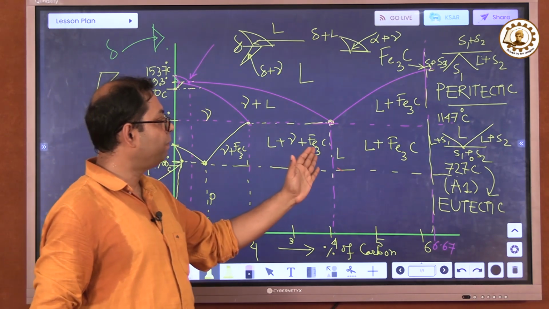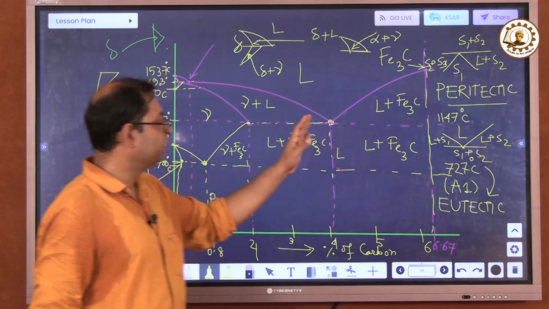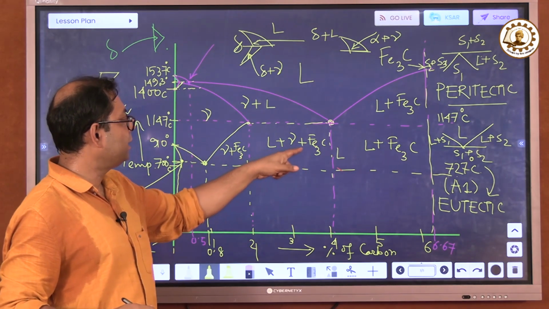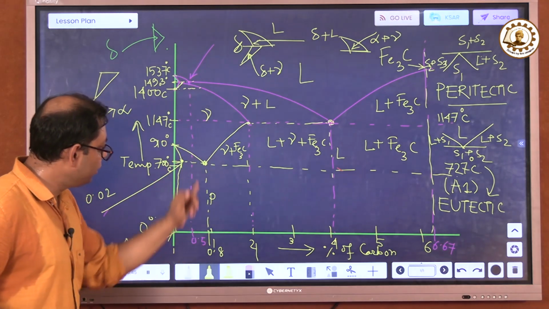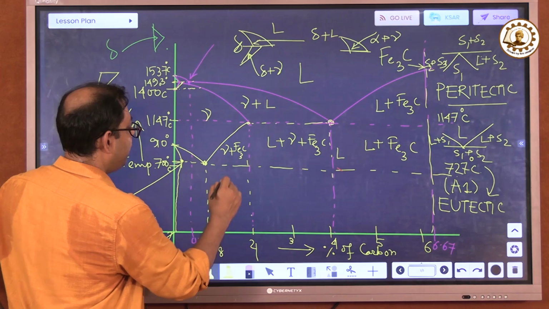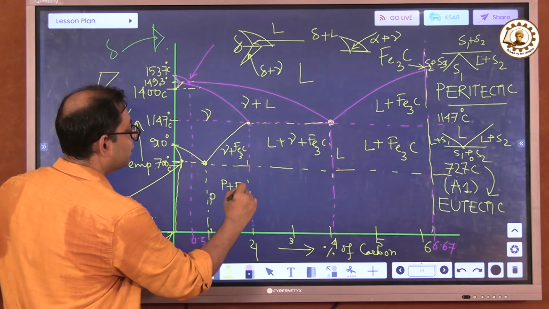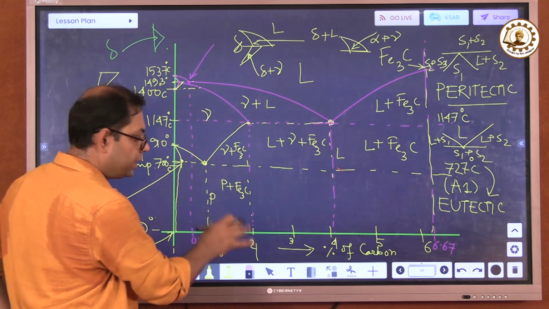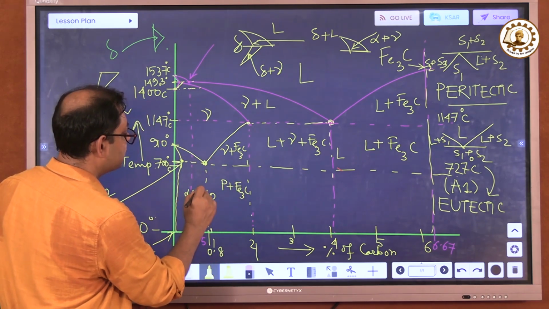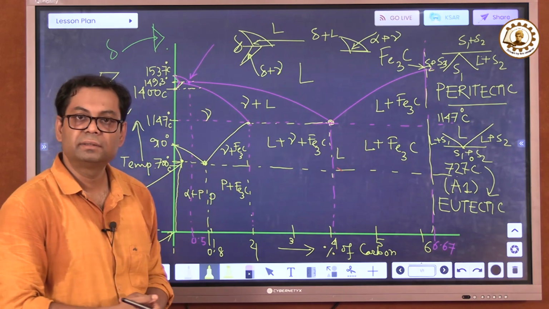So when it is hyper ledeburitic, then it contains L plus Fe3C. When it is hypo ledeburitic, then L plus gamma plus Fe3C. Similarly, over here, just pearlite. So pearlite, it will be P plus Fe3C over here. What about the left hand side? That is alpha plus P. Simple in this steel region.